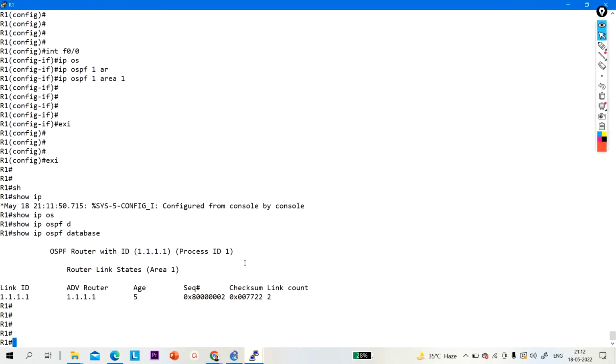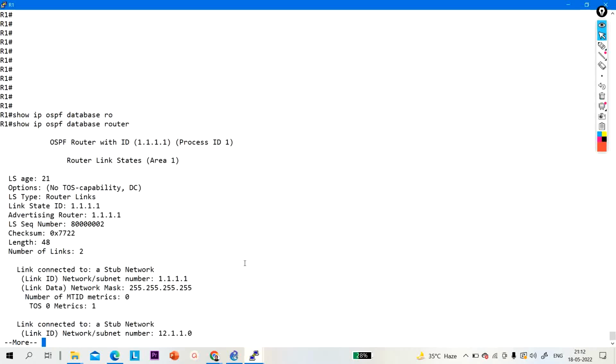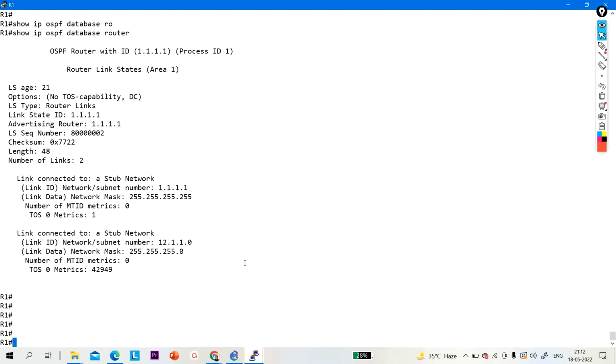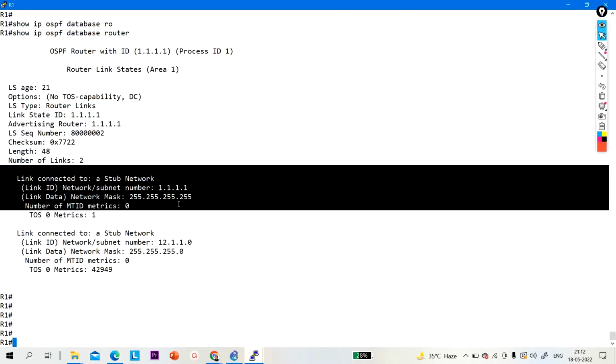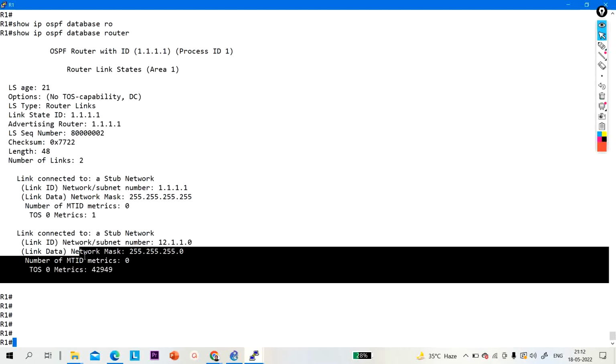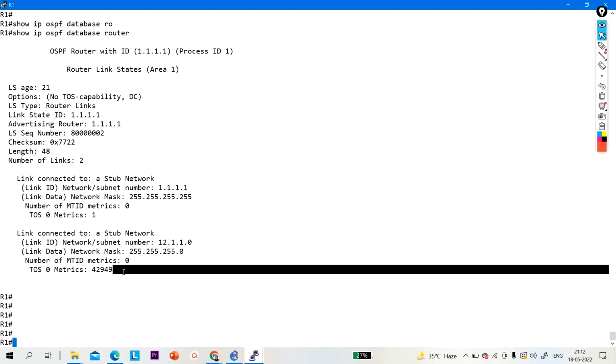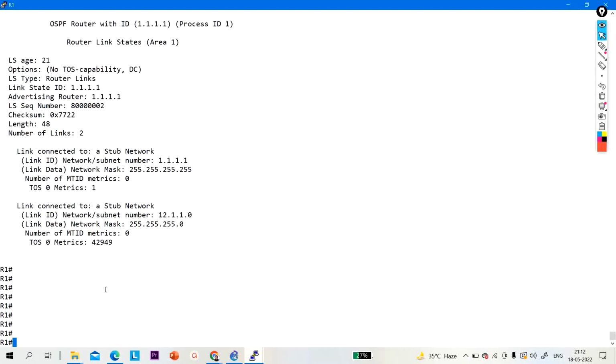Let's check the database in detail. In the database there should be two LSAs, router LSAs. See, this is the information of the loopback link, and this is the information of 12.1.1.1. See the metrics.